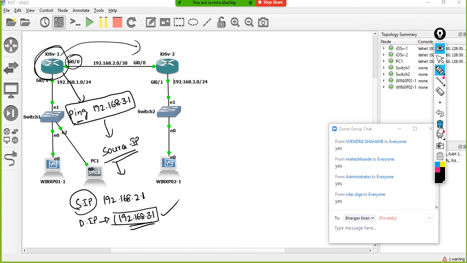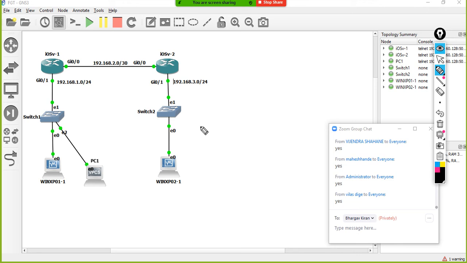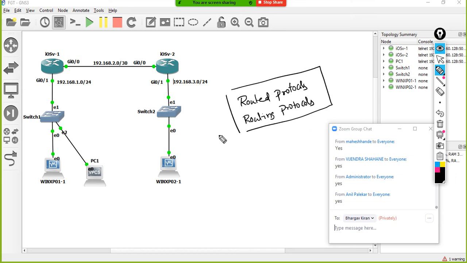Now, I want to ask you one more quick question. Can I ask? Okay. What is the difference between routed protocols and routing protocols?